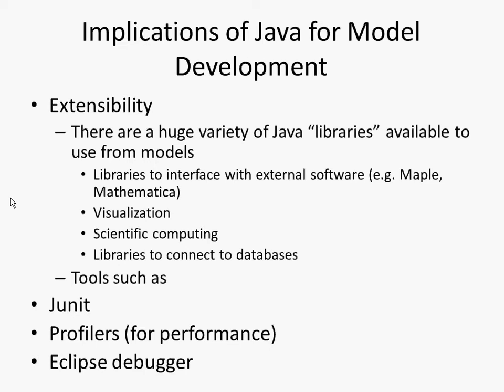And then there's sets of tools that help in the modeling process, such as profilers to discover where performance is lagging, debuggers, tools like JUnit that help you test your model, etc.